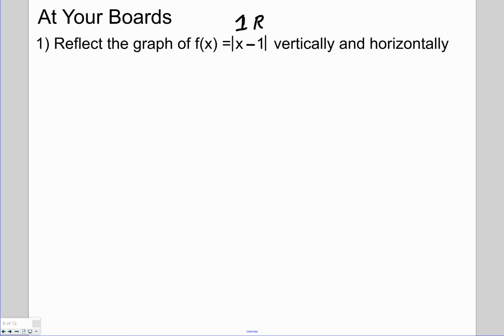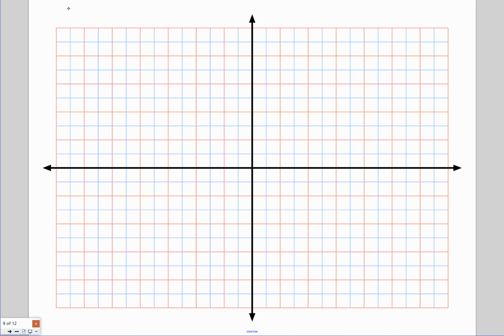So let's plot this as f of x equals the absolute value of x minus 1. 1 to the right. So there is my new vertex, 1, 0. And I'm going to make my V. Okay.